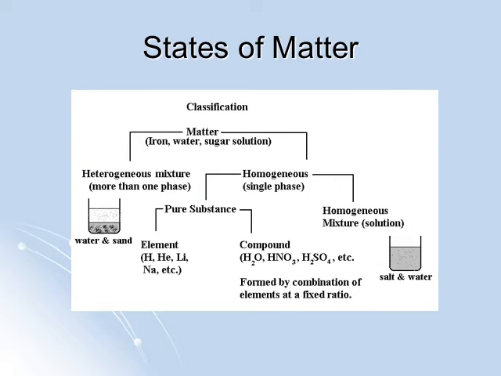Here we're going to discuss classification of matter. Matter is broadly classified into heterogeneous mixture and homogeneous matter. Heterogeneous means more than one phase.